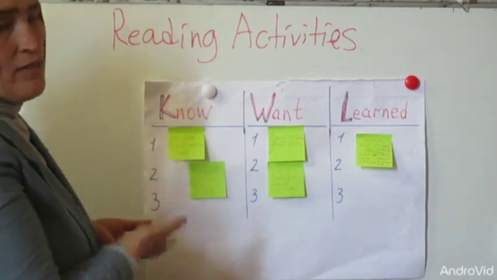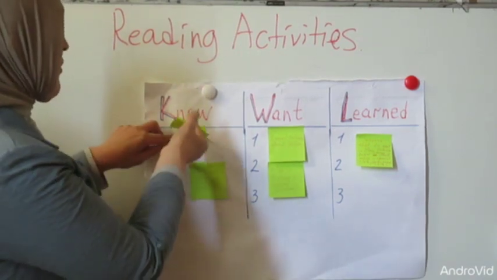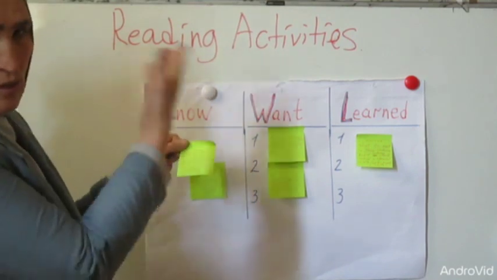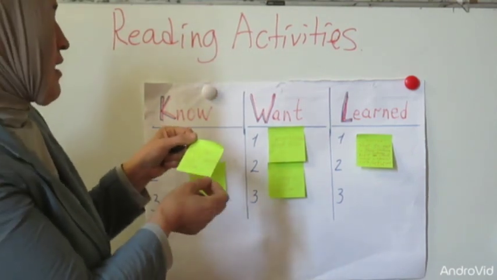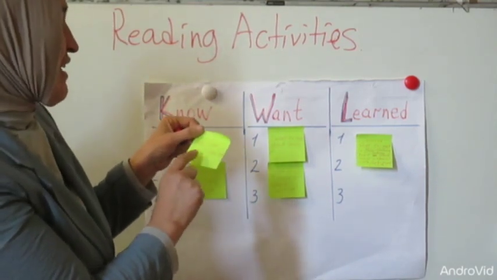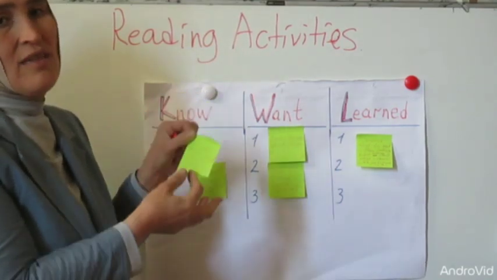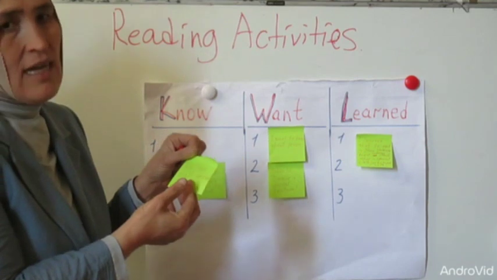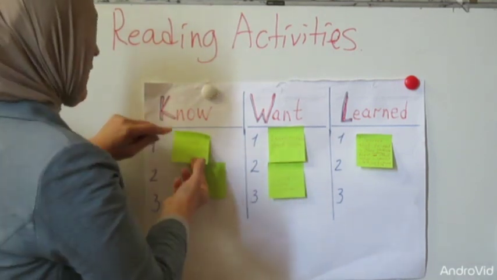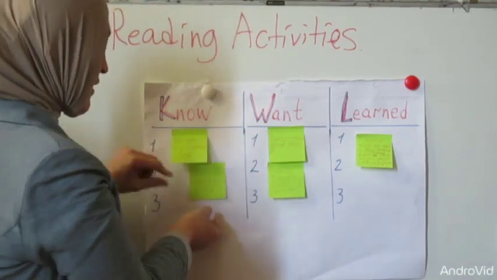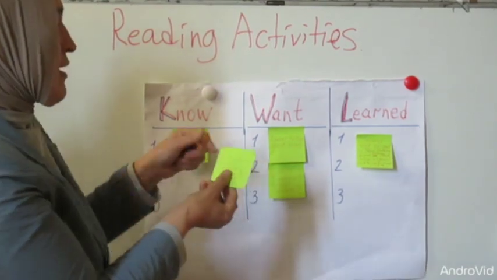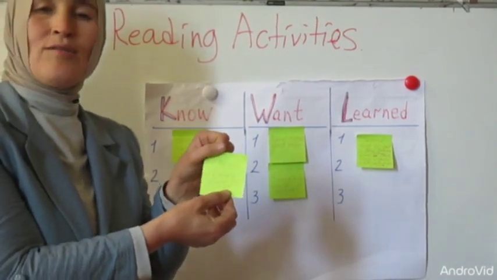Let's see what my students wrote in the know part for that reading. They wrote, we can eat unusual food, because they can guess it from the title of the text, unusual places to eat. And next one, it is not an ordinary place to eat.